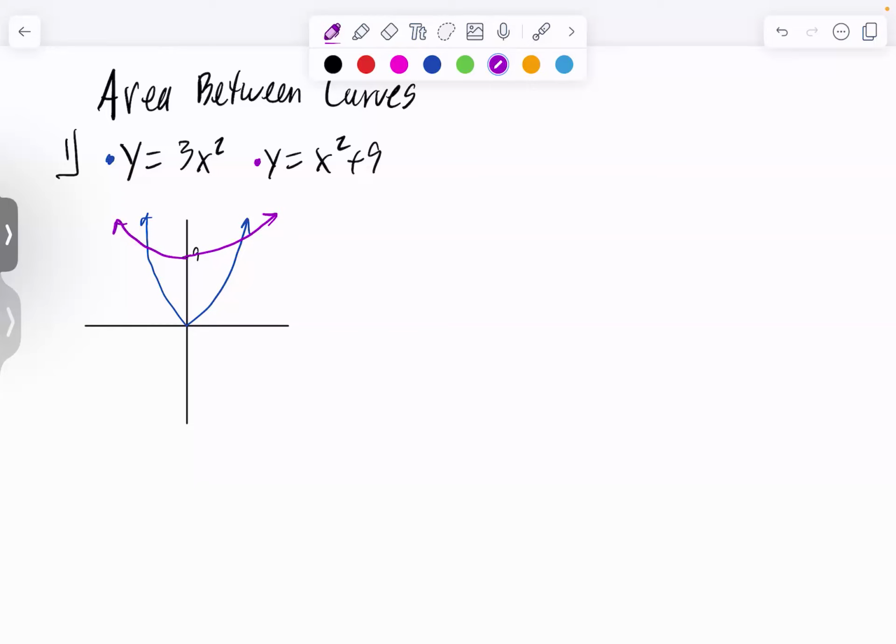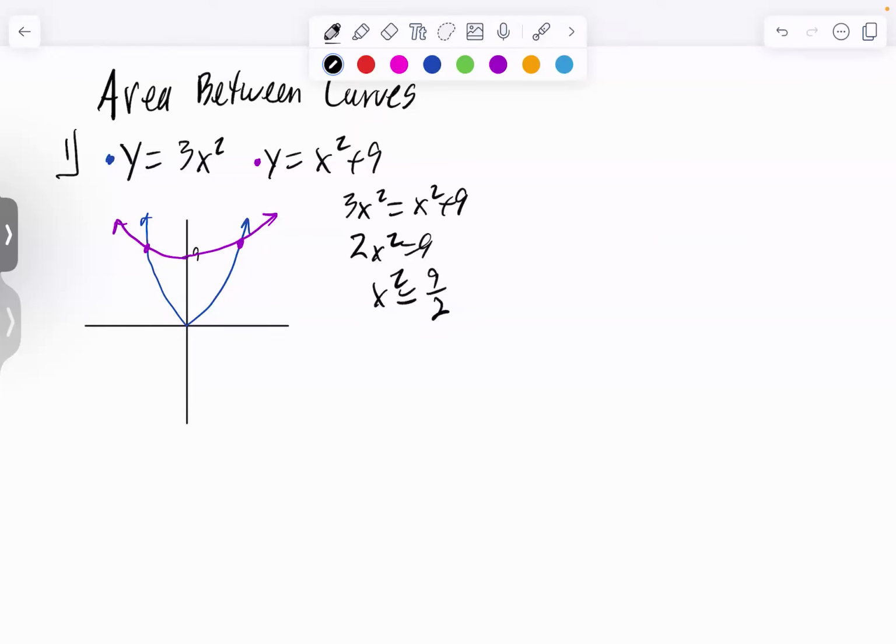The idea is we need to start out by finding our boundaries of integration, and that's going to be where these two intersect. So we're going to start by setting these two equal to one another. Subtracting the x squared to the other side, I get 2x squared equals 9, and x squared equals 9 halves.